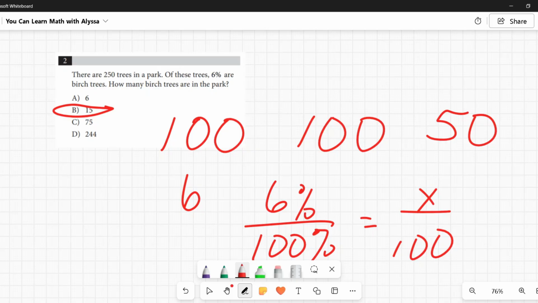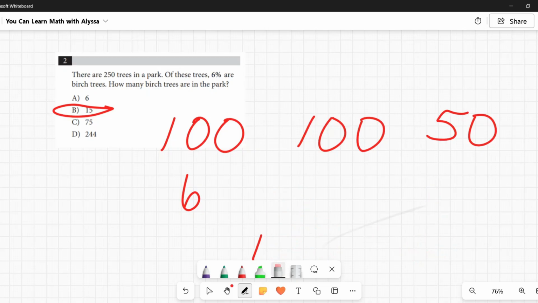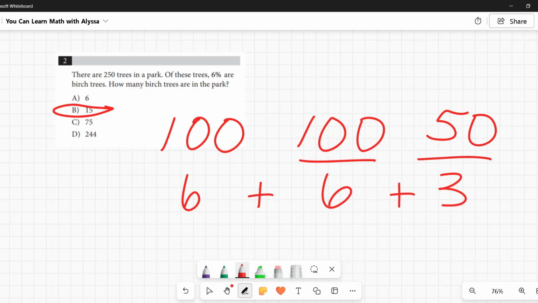It's just going to be 6. It's a very straightforward proposition right there. So then 6% of this second 100 would also be 6. 50 is going to be half of 100. So 6% of 50 will be half of 6% of 100. So that would be 3. 6 plus 6 plus 3 is 15.